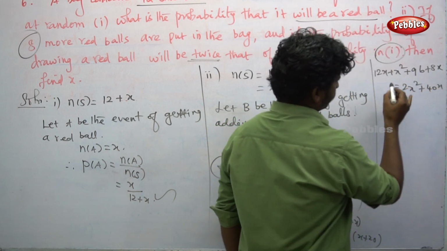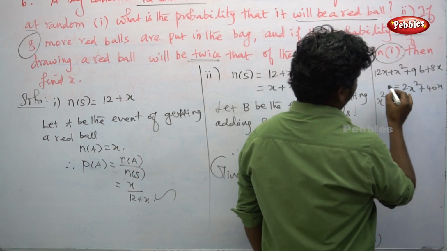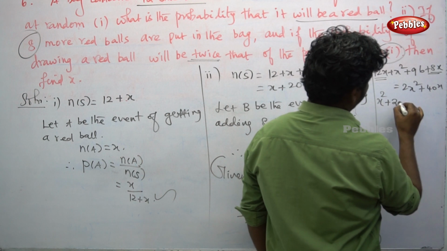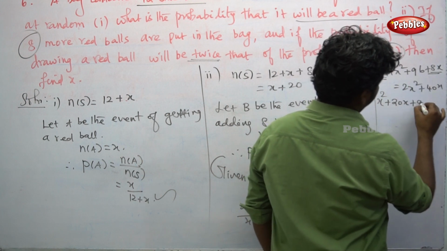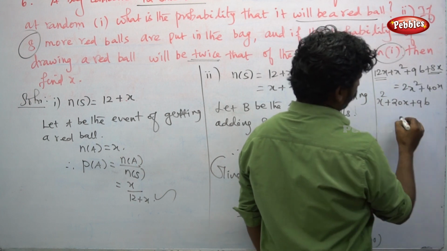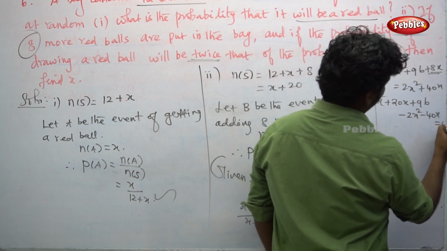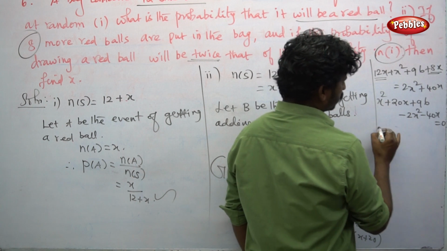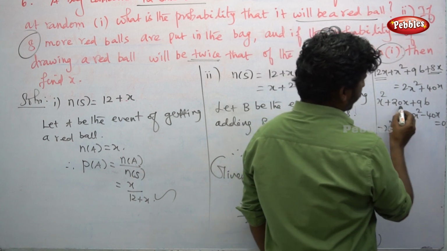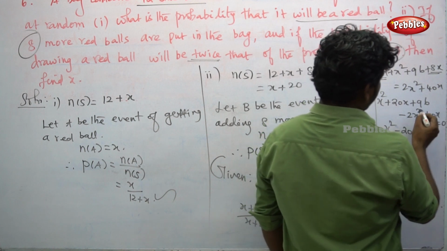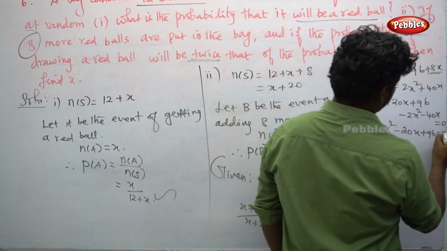So this can be written as first x square, then 12x plus 8x, this is the 20x plus the 96. Bringing everything to this side, minus 2x square minus 40x is equal to 0. x square minus 2x square minus x square. 20x minus 40x minus 20x. This is plus 96 is equal to 0.